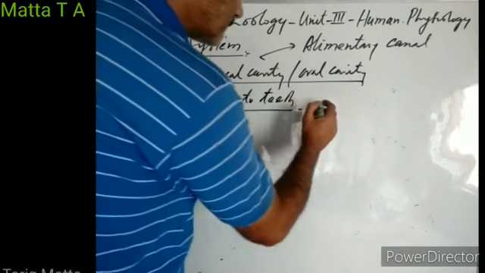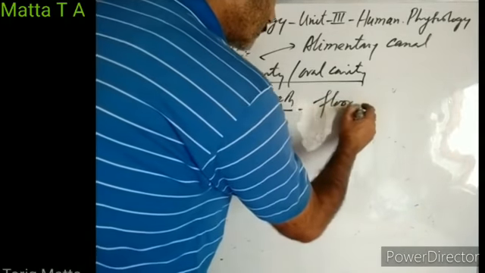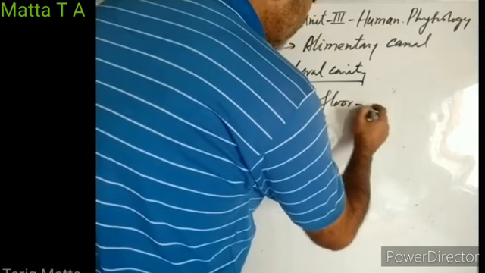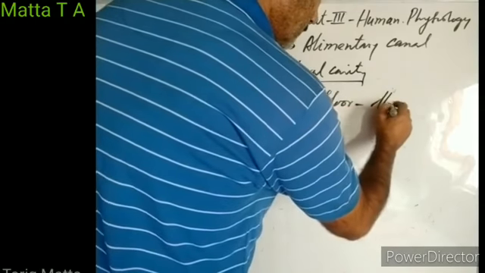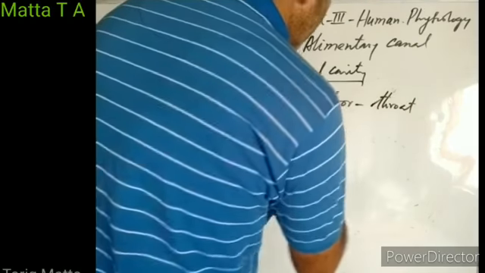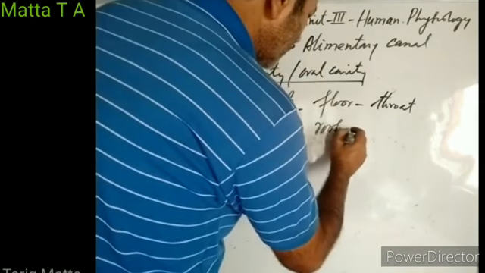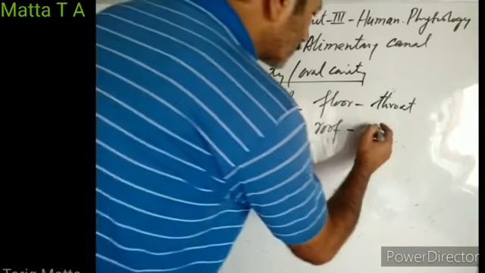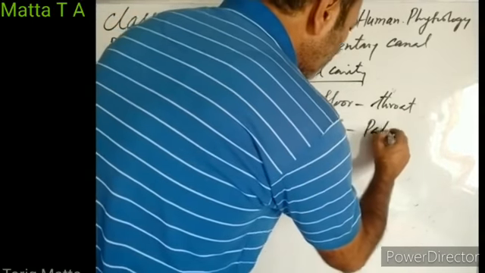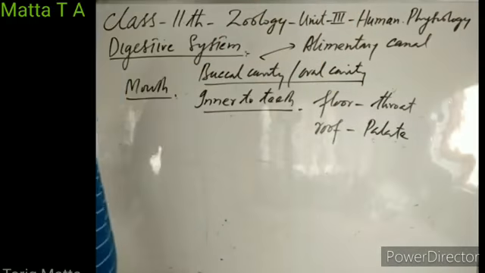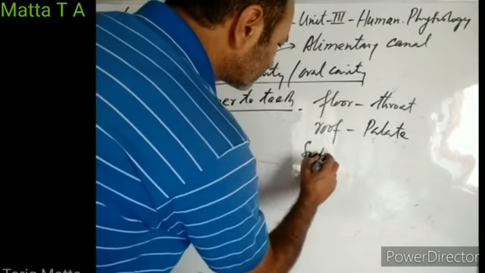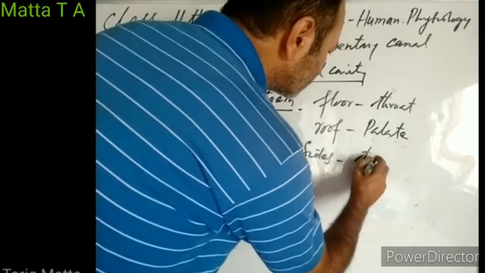Its floor is formed of throat. Its roof is formed of palate, and its sides are lined by teeth.